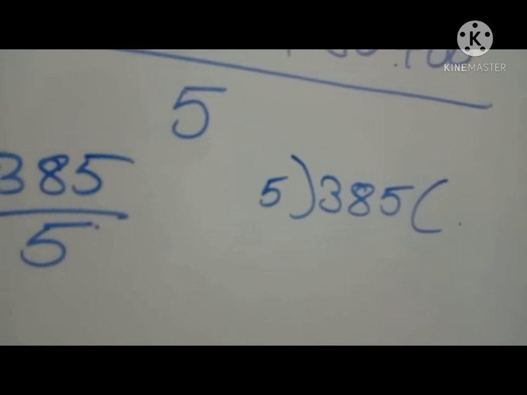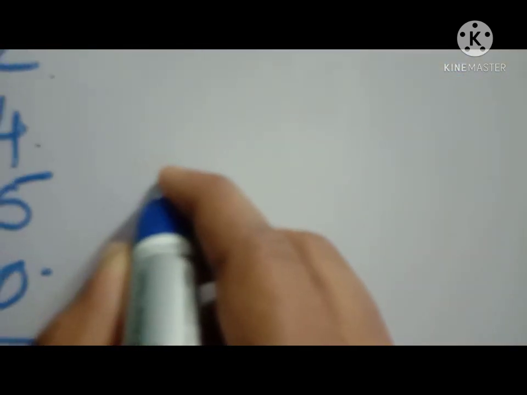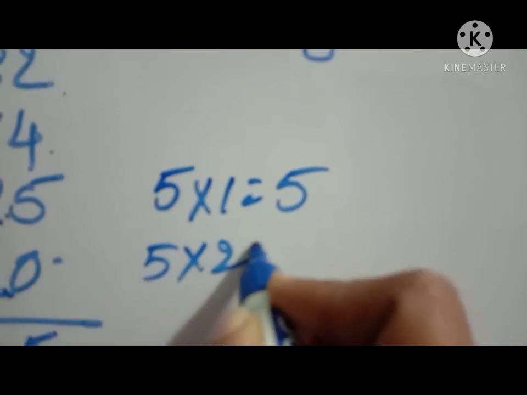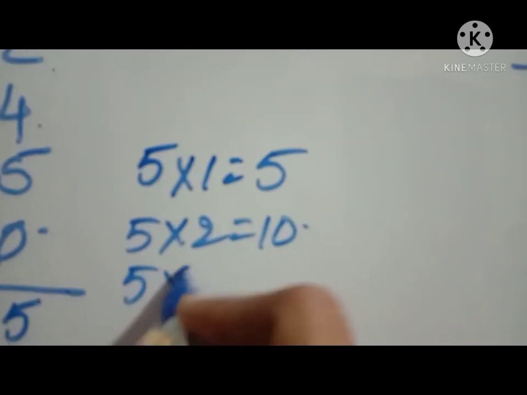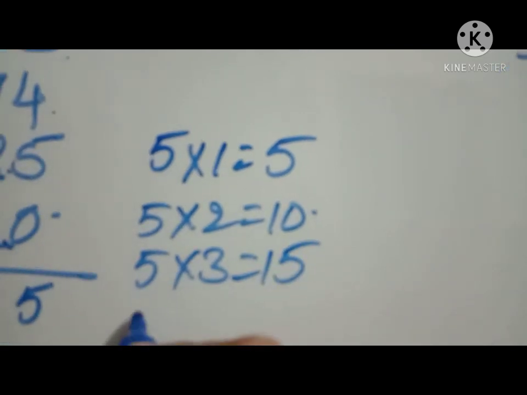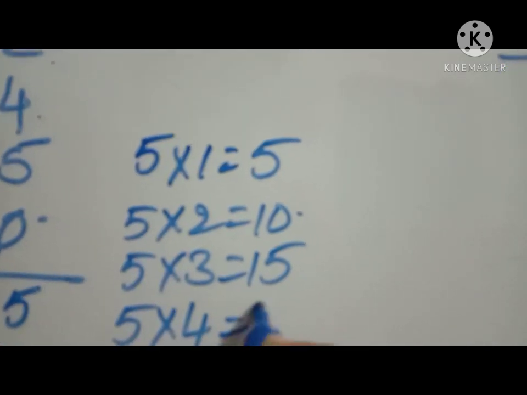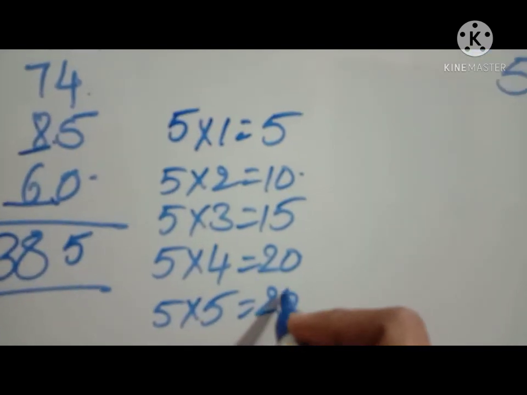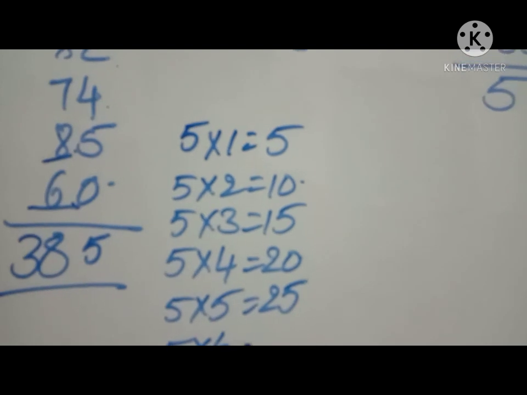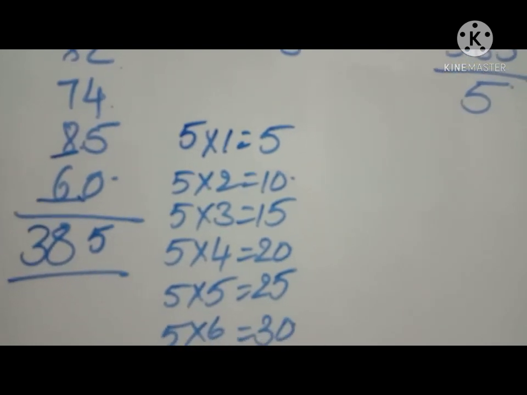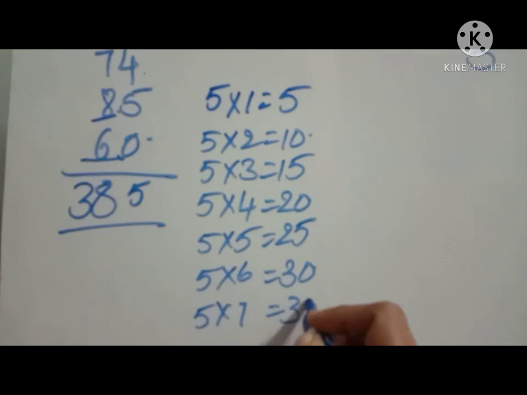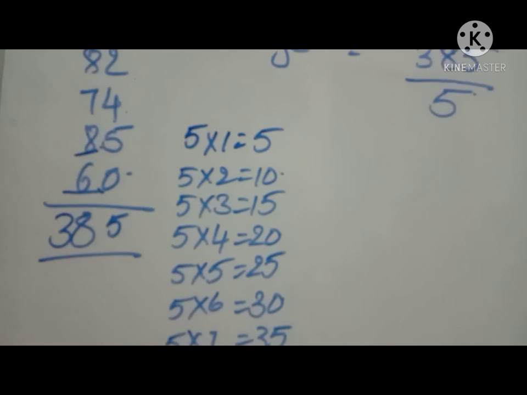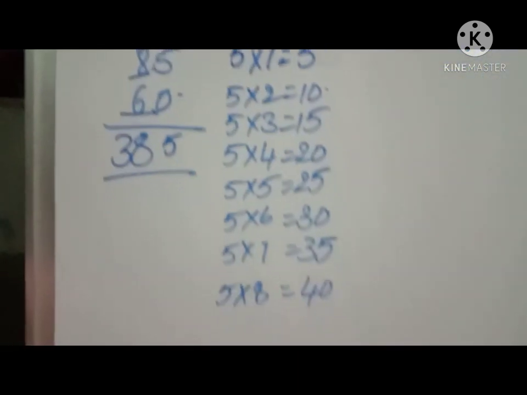See here, I am writing: 5 ones are 5. 5 twos are 10. 5 threes are 15. 5 fours are 20. 5 fives are 25. 5 sixes are 30. 5 sevens are 35. 5 eights are 40.